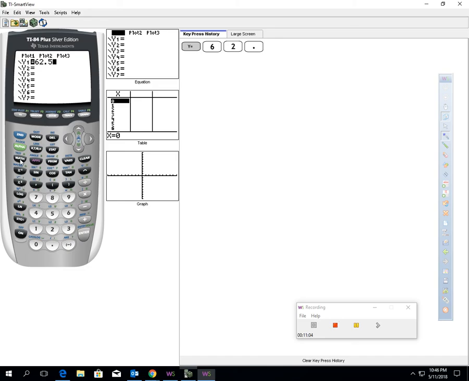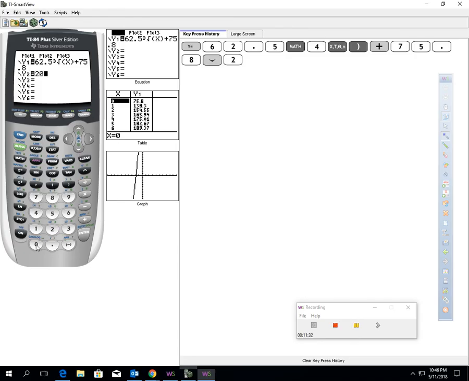Hit the math key. Option 4 will give you a cube root, and I need cube root of, well, they don't have a t, we have x here. I have to close parentheses, add 75.8, and then my second equation is just y equals 200, because the elephant is 200 centimeters tall.